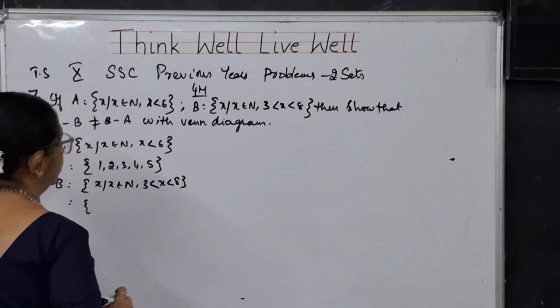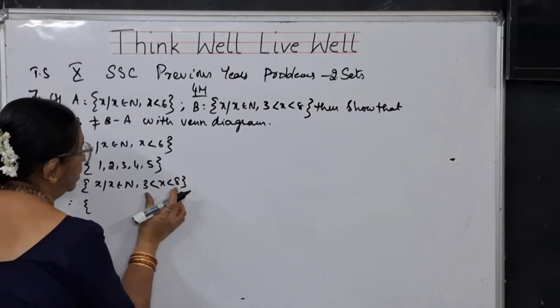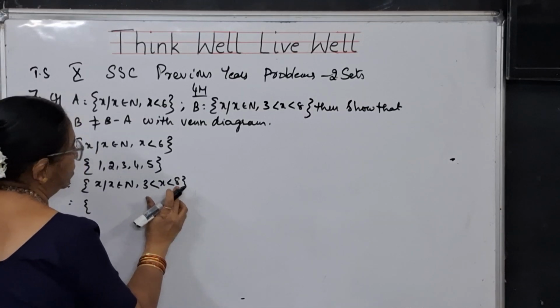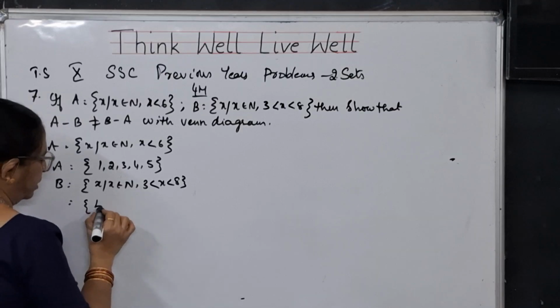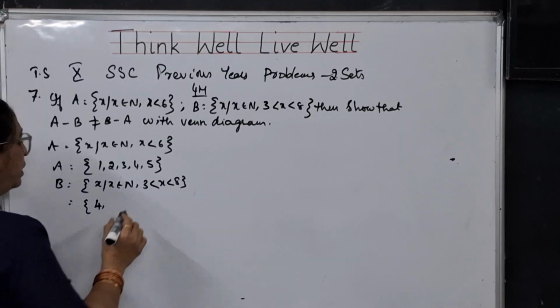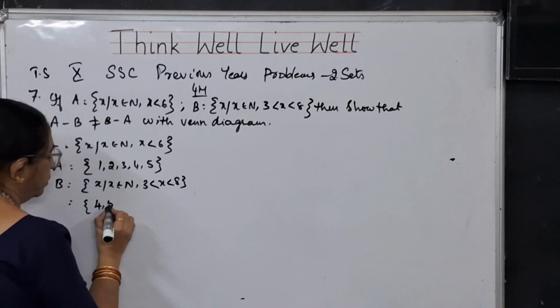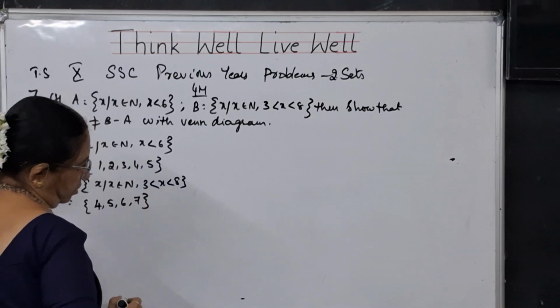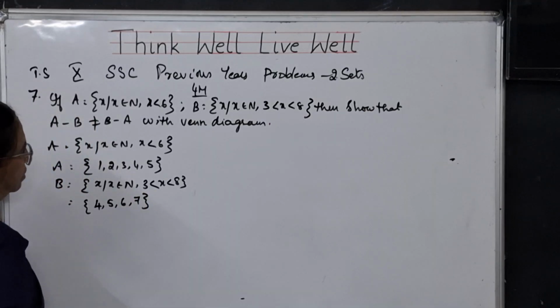This says x value is greater than 3 and x value is less than 8. Since these are natural numbers, after 3 we write 4, 5, 6, 7. You don't write 8.